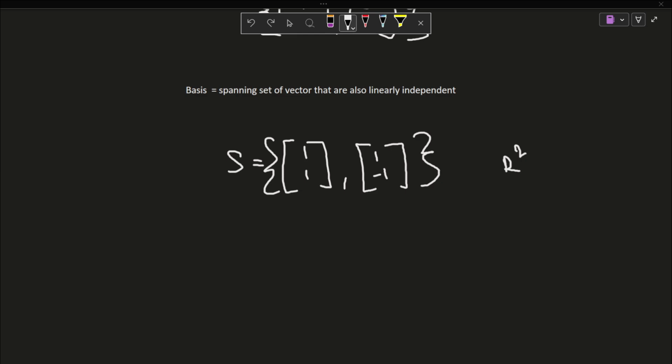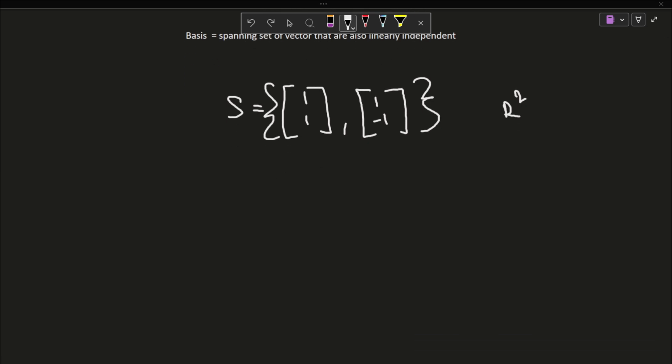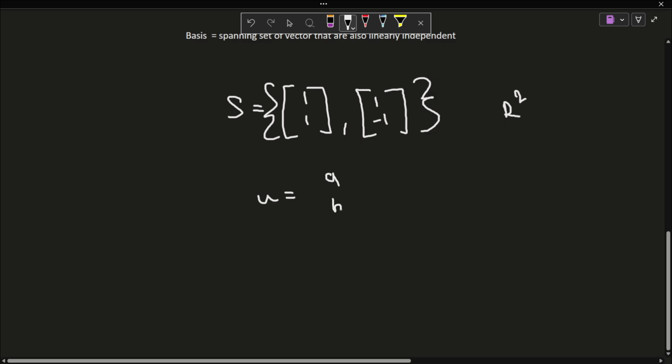Well, you need to try and set some arbitrary values for a vector in R2. So let's say we have a vector u in R2, and it's equal to just arbitrary values a and b.